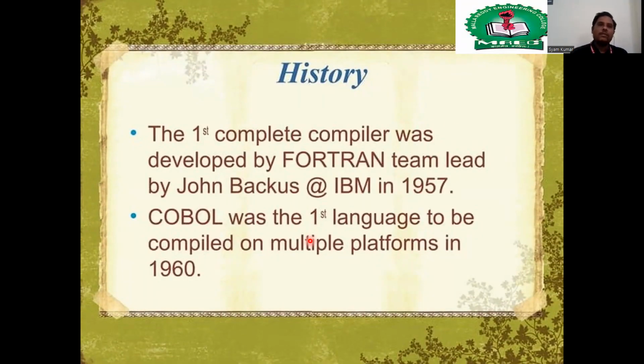We know the Fortran language already, and it was developed by IBM in 1957. COBOL is also there. This is the first language to compile on multiple platforms. Previous languages were all used on a single platform, whereas COBOL is used for multiple platforms. There are n number of platforms, and on any platform it will work. So the first multiple platform compiler is COBOL.